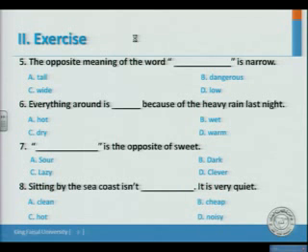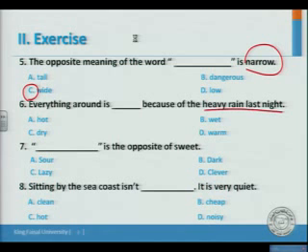Number 5, the opposite meaning of the word is narrow. What is the opposite of narrow? Narrow, ضيق, and its opposite is wide. Wide, narrow. Number 6, everything around, يعني كل شيء حولنا, is because of the heavy rain last night. Heavy rain. طبعا heavy معناها ثقيل.